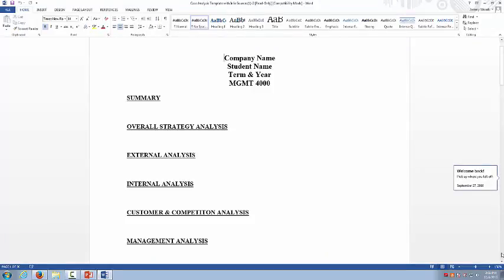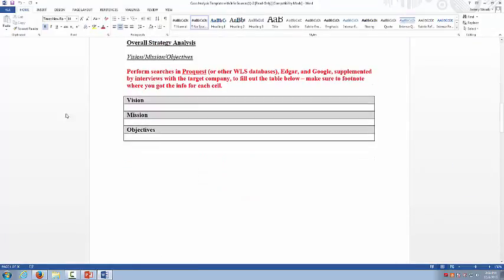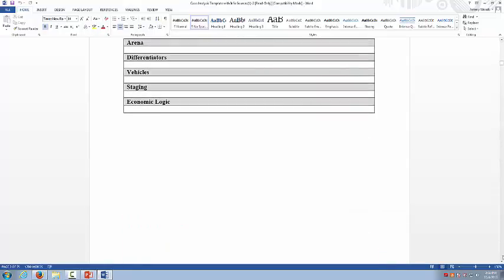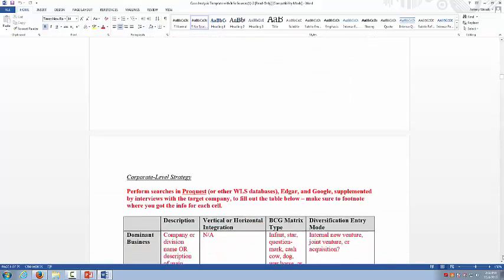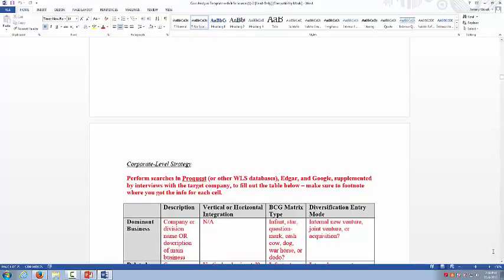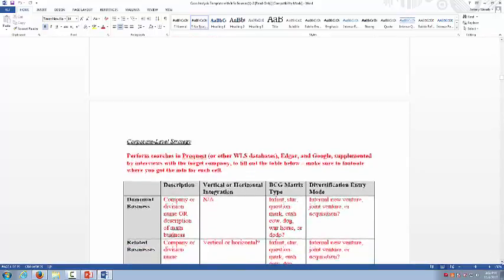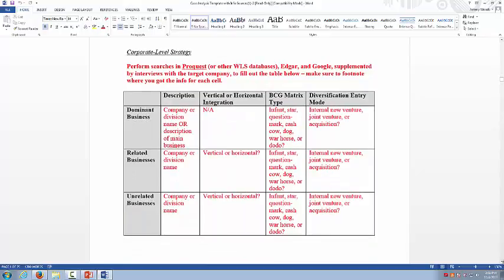That's the summary of everything. Vision, mission, objectives, we talked about in the first class session. Handbook strategy, we talked about. Business model, we talked about. Corporate level strategy is today's material that we went through.